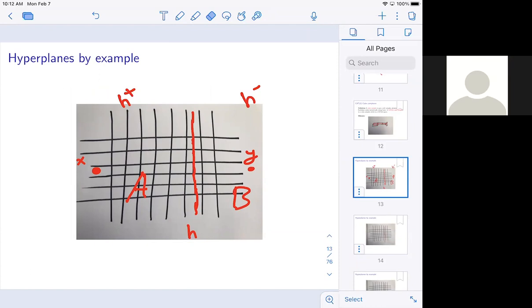Okay. So something else that I want to define now that we have the separation picture is a chain of hyperplanes.